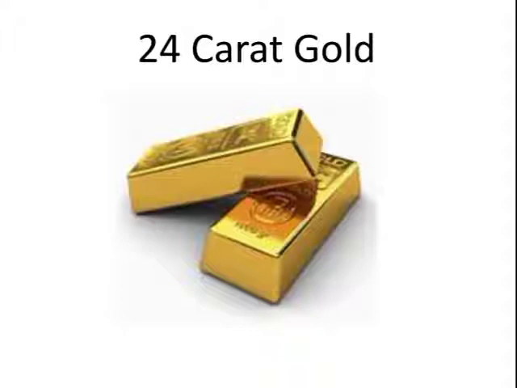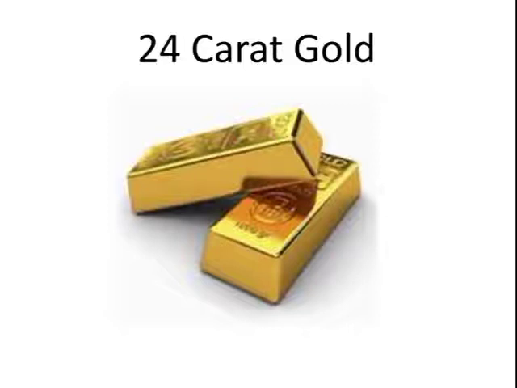As a result, the ornaments made from pure gold bend or break due to pressure. Therefore, goldsmiths mix it with a certain proportion of copper or silver. Ornaments are made from 22 karat gold or gold with still smaller carat value. So this is about the noble metals and about the 24 karat gold.